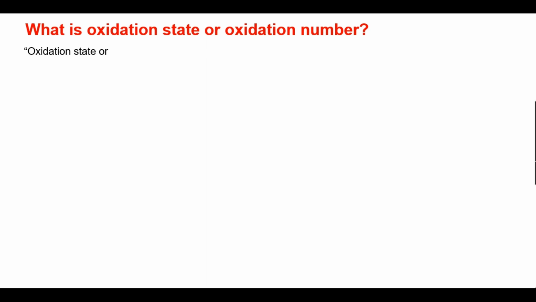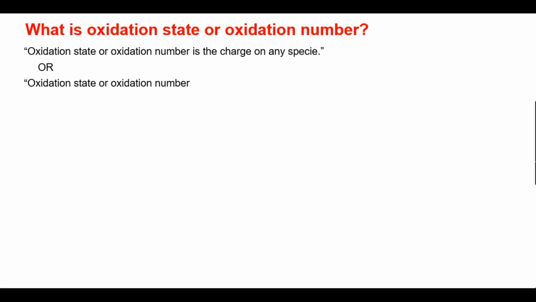So oxidation state or oxidation number is the charge on any species, or we can also say that oxidation state or oxidation number is the number of electrons involved by any atom in a specific compound.